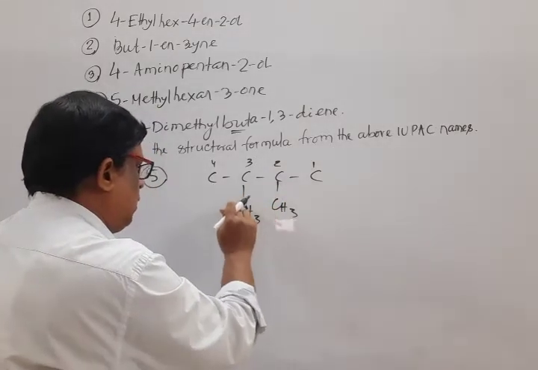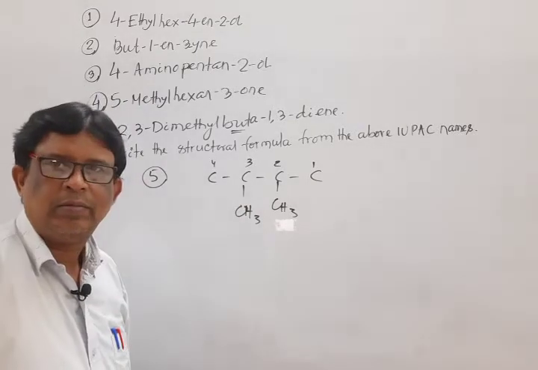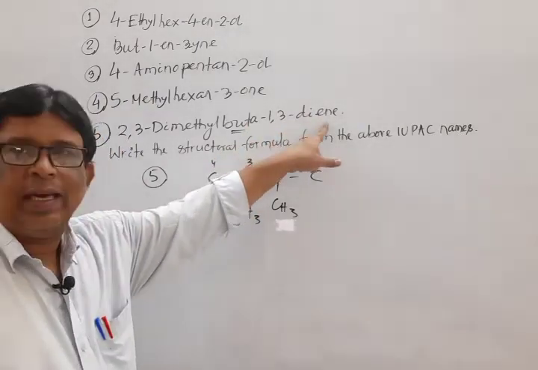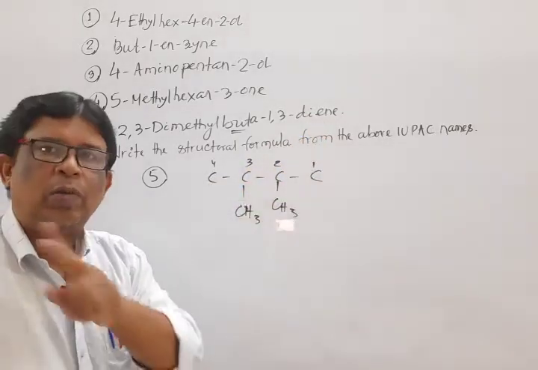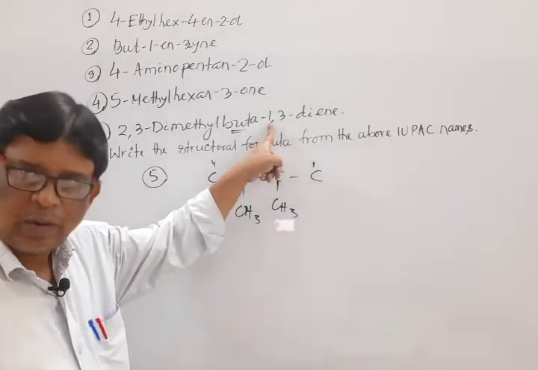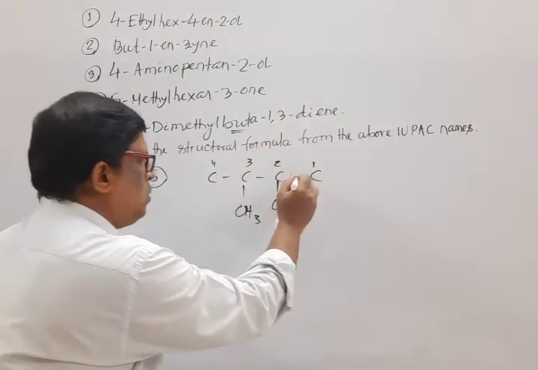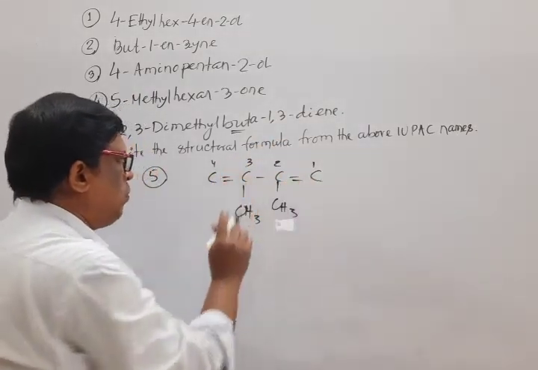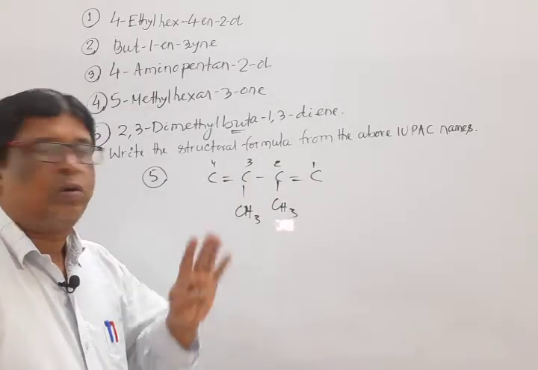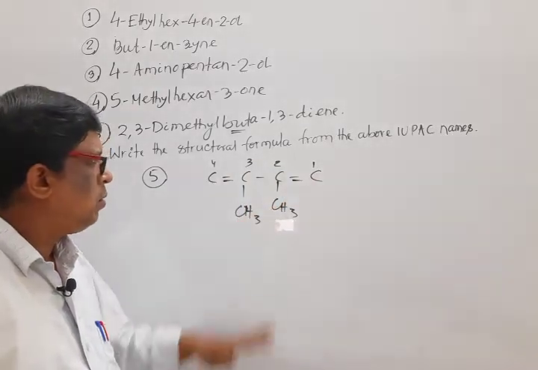That is 2,3-dimethyl. Next, diene means 2 double bonds are there, at 1 position and 3 position. So diene is there.